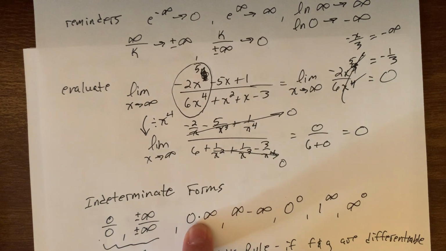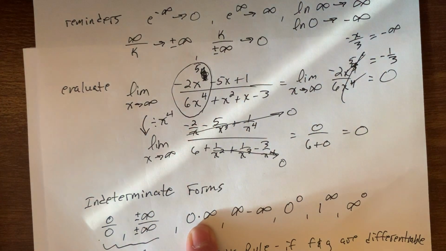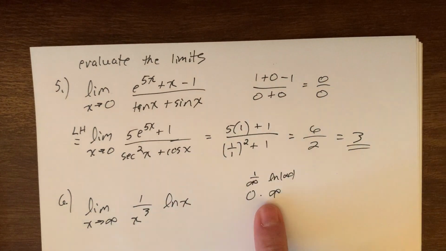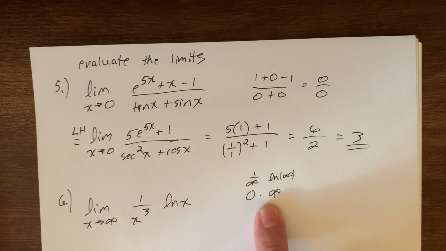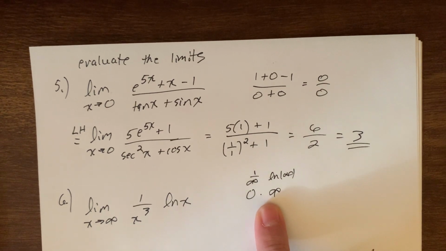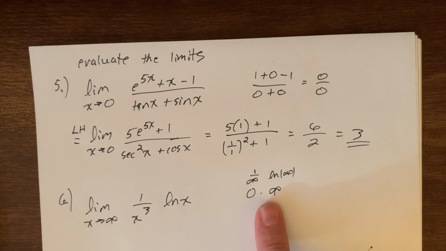This can be a little bit trickier. So it's indeterminate, but I cannot apply L'Hopital's rule. Okay? So I need to manipulate this, and it will always work, everybody. You can manipulate this so that it will either be infinity over infinity or 0 over 0.